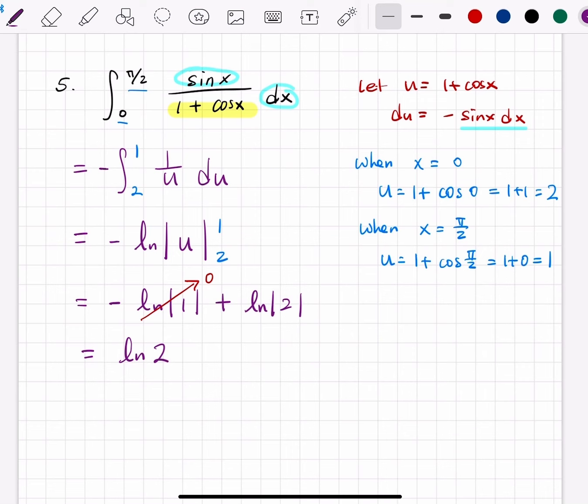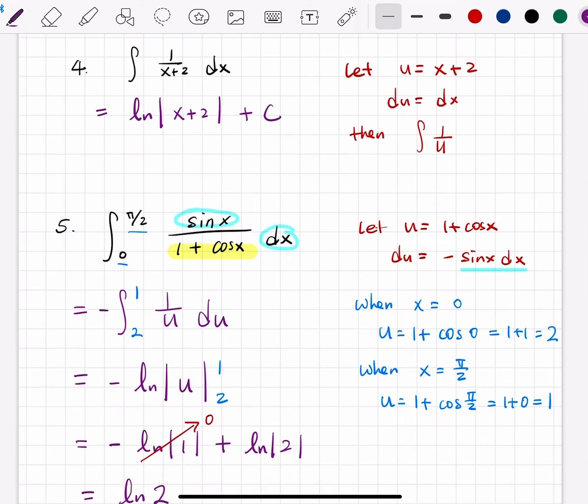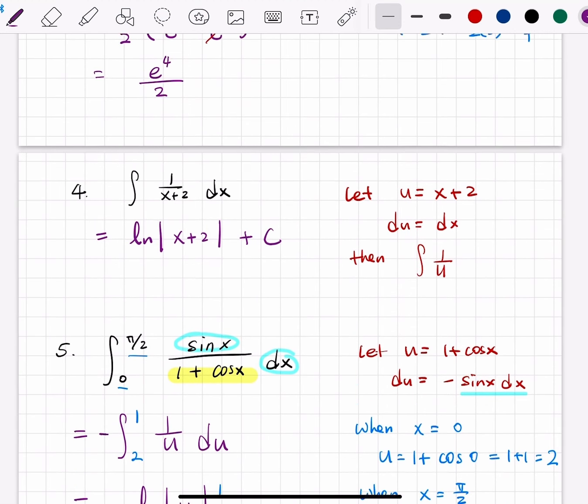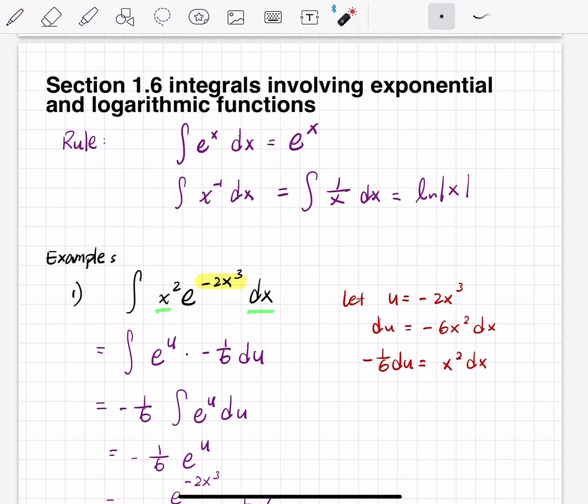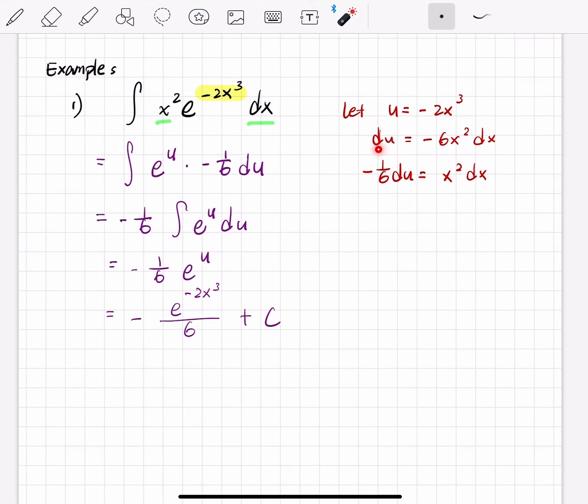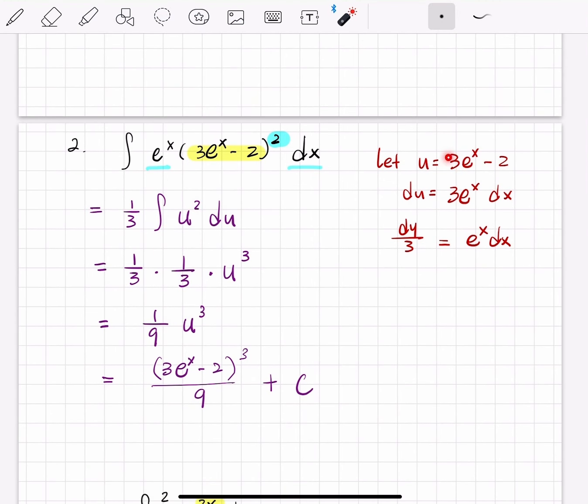Okay, so that's it for this section. The most important formulas or integration rules we need to remember and practice a lot are the exponential and the logs. And you can see that a lot of the problems we are going to use u substitutions.